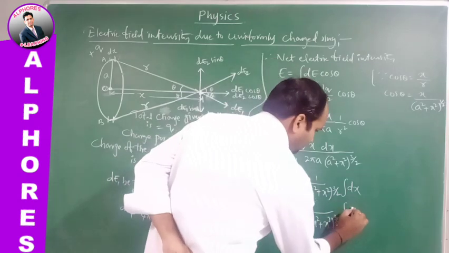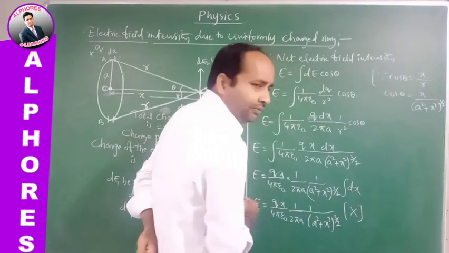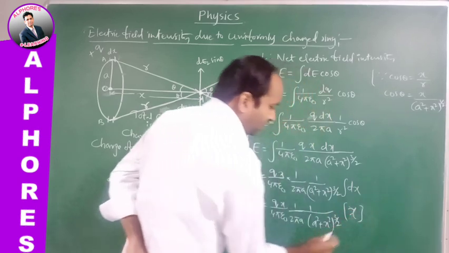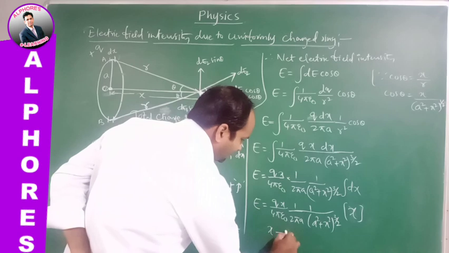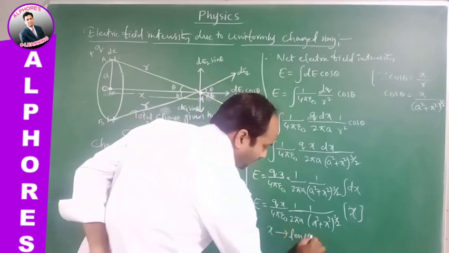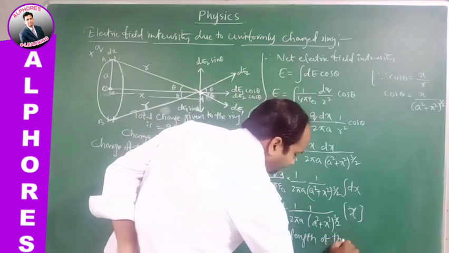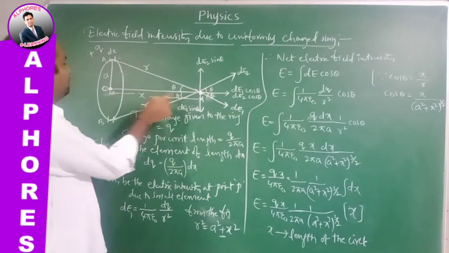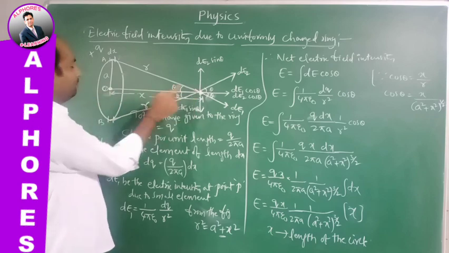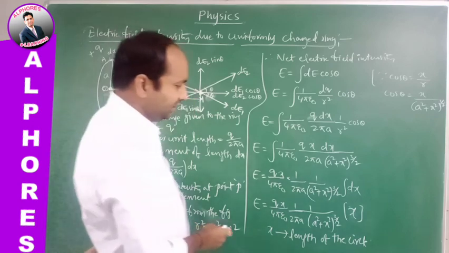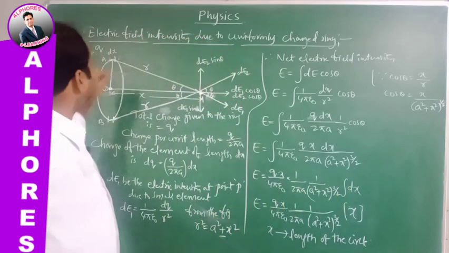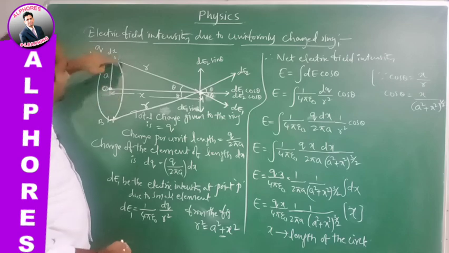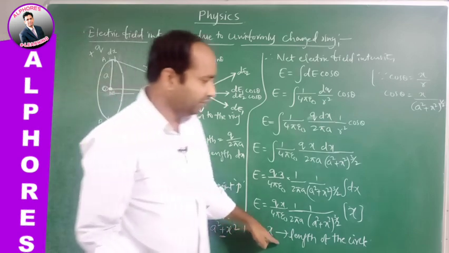You could denote it by some other term, like capital X, or let it be small x only. This is different from the distance from the axis point P to the center of the circle. Dx is a small part of the length of the circle, so the summation of dx means the total length.